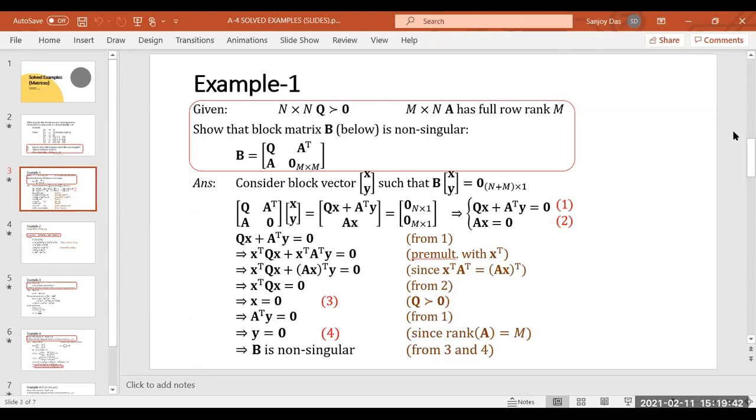Does it differ if we have full column rank? I have to look at the full column rank. If you have full column rank, then A is a tall matrix, correct? And that's the least squares matrix, the skinny matrix.